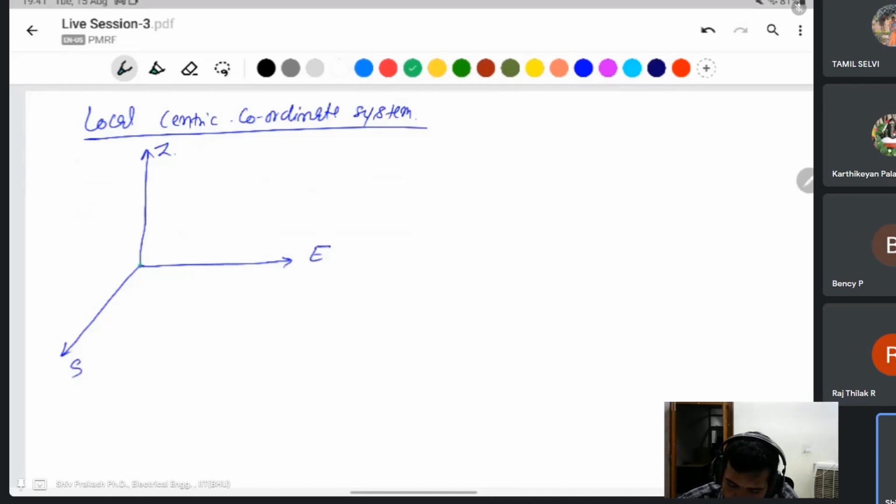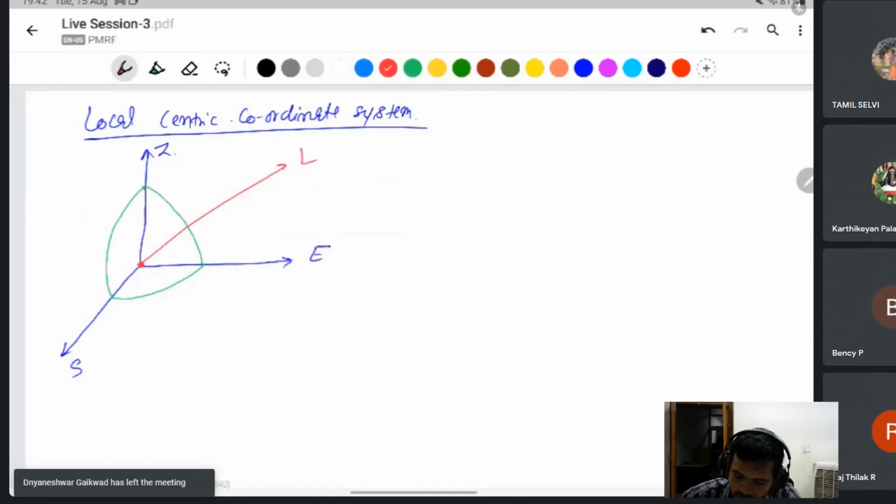Same way you can relate to the third coordinate. If insolation is a line L, the zenith angle is defined from the zenith axis to the insolation line.